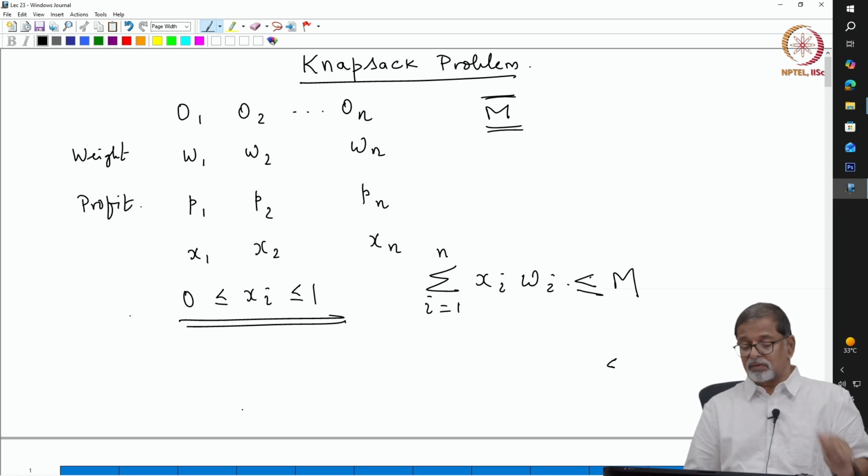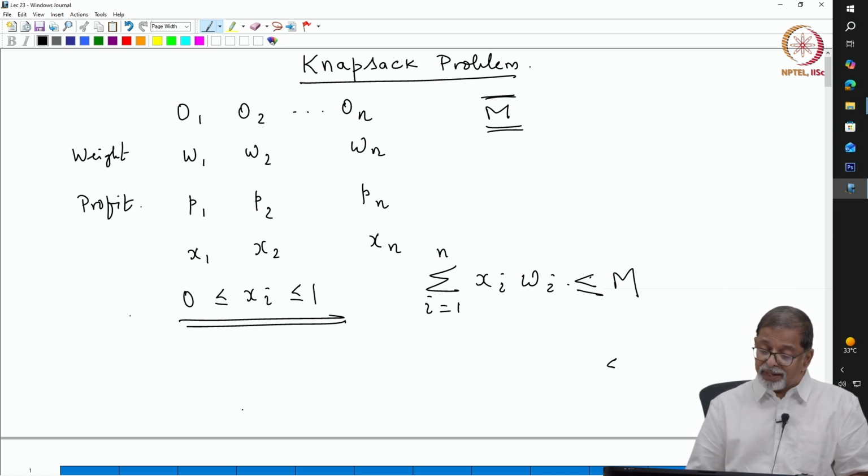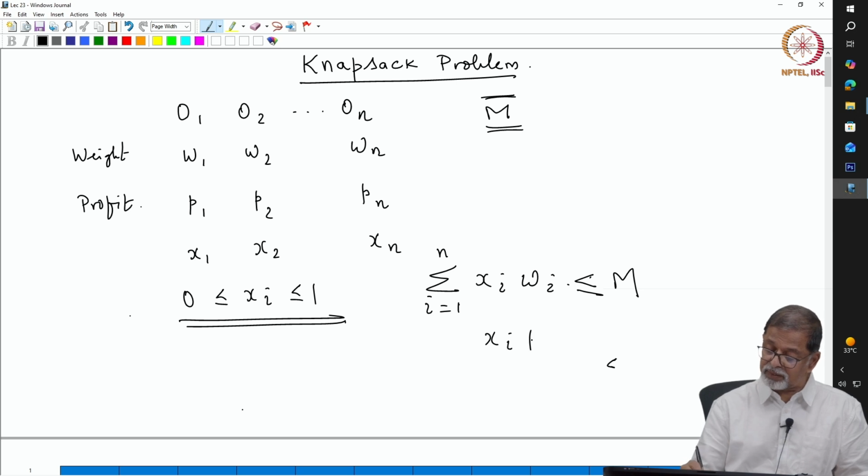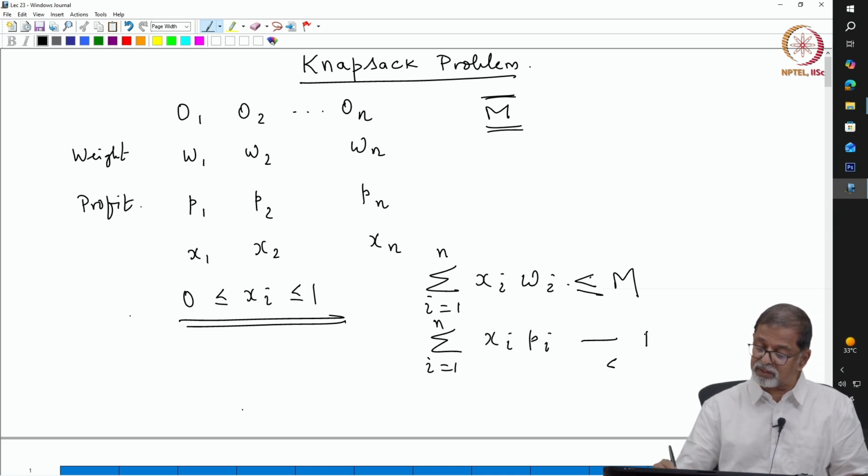and when you take xi units of object i, you earn a profit of xi pi. So, sigma i going from 1 to n of this is called the profit.